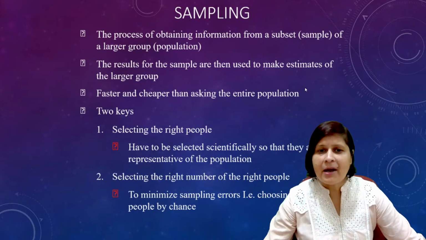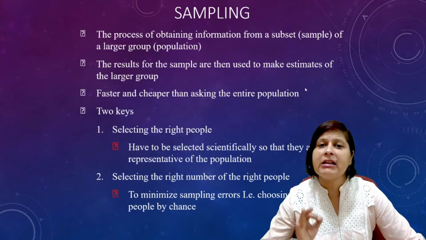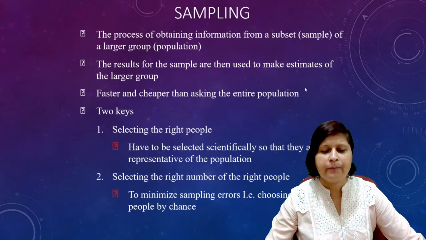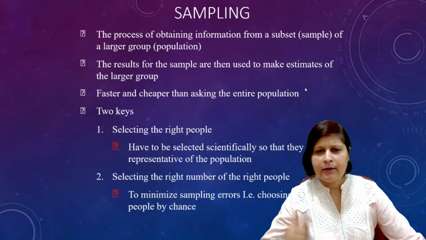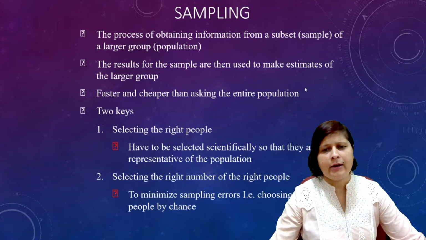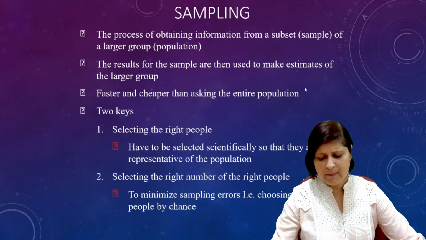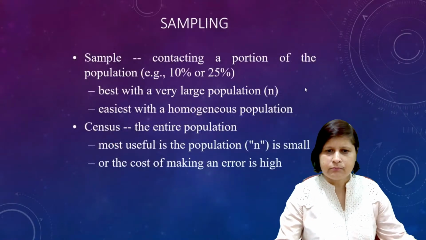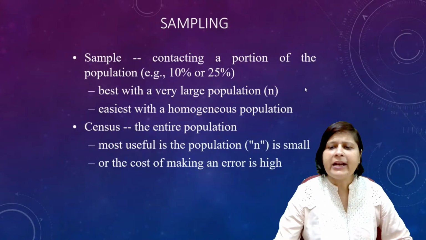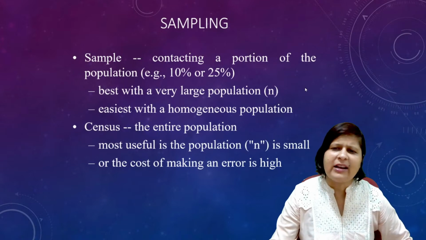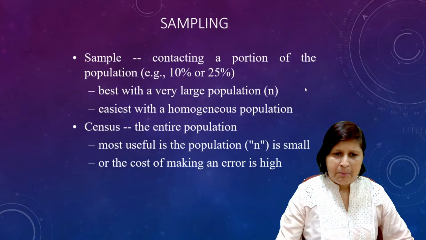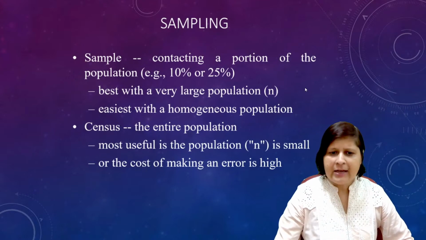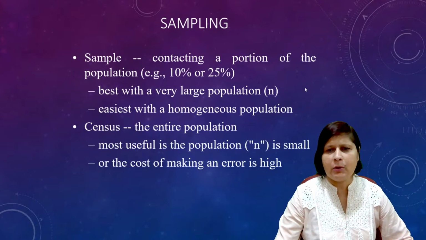So to minimize these errors, we should select the right number of samples. How can we calculate the sample? We will discuss that when we discuss the estimation of the sample size. Sample: contacting a portion of population, that is 10%, 25%, best with very large population and easiest with a homogeneous population.